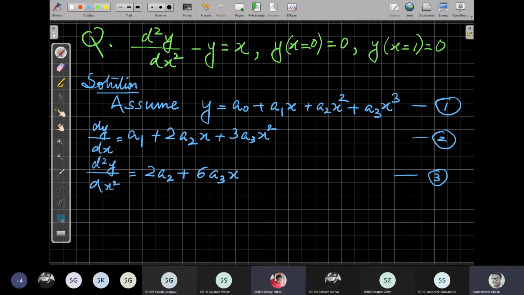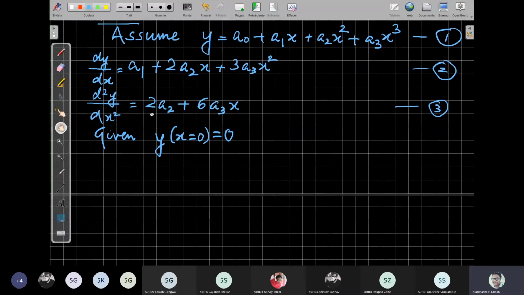Okay, now what is given is y at x equal to 0 is 0. It is given like this, right? Okay, so given y at x equal to 0 equal to 0, correct? If it is given so, tell me what is going to happen if I'm going to use this at x equal to 0.